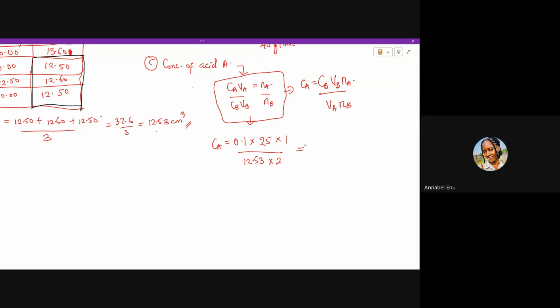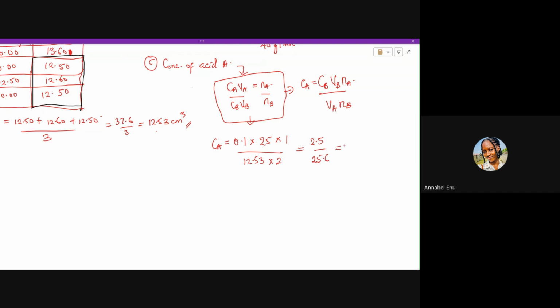Then 12.53 times 2 is 25.6. So it's now 2.5 divided by 25.6. The concentration of base is going to be 2.5 divided by 25.6.